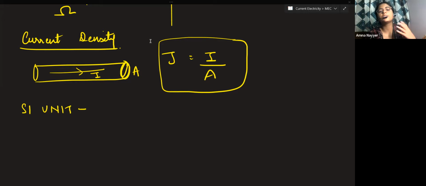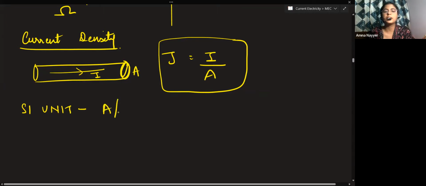See, SI unit of current is what? It's ampere. Area is what? Meter square. So it will be ampere per meter square, or you can write it in this manner as well, ampere meter square inverse. Now, current density is a vector quantity. Current was a scalar quantity, but current density is a vector quantity.